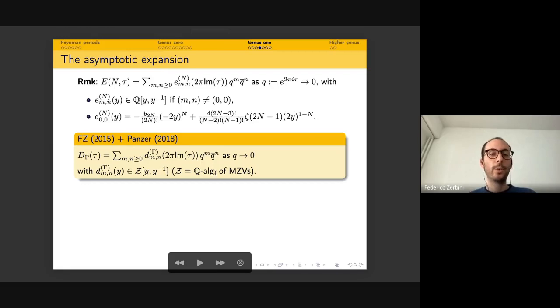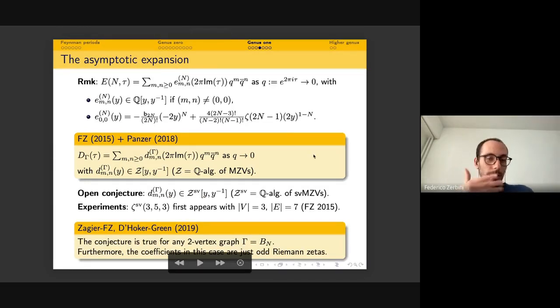So this Z is the Q algebra of multiple zeta values. This is coherent with what we have found here, but it's telling you that in principle you can have more complicated multiple zeta values.